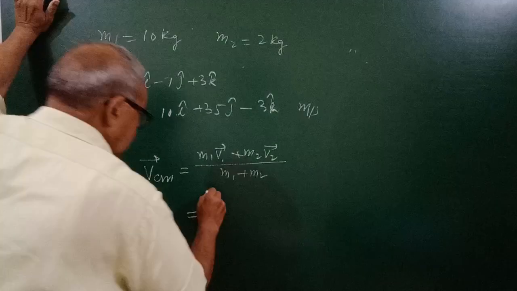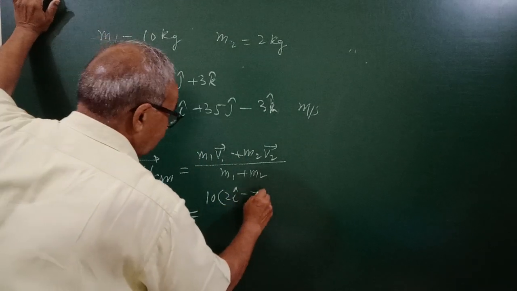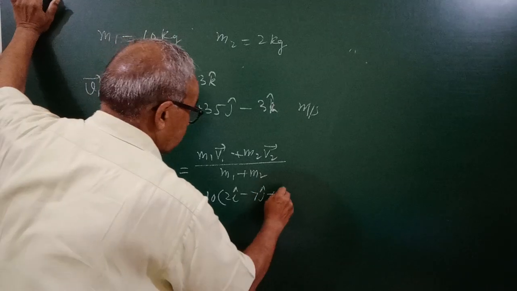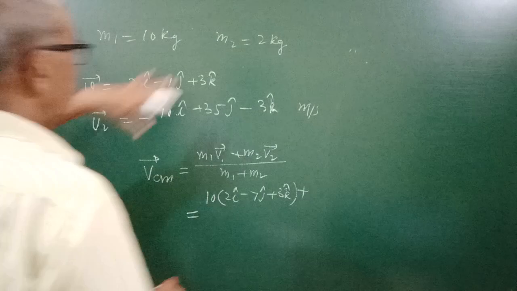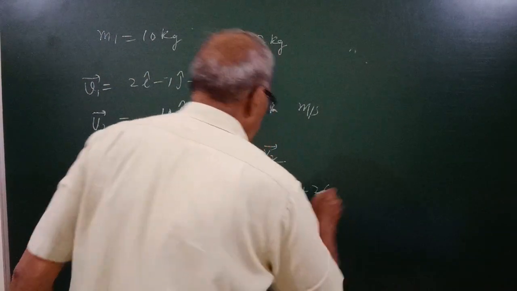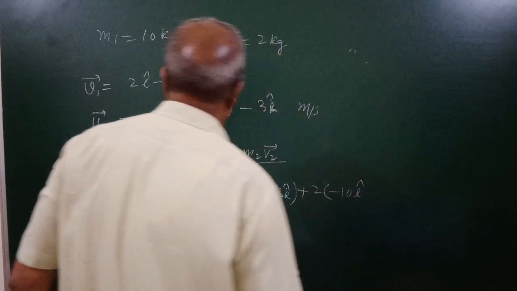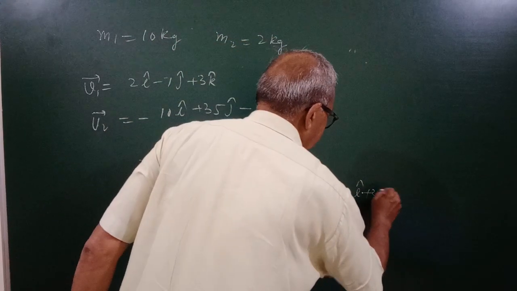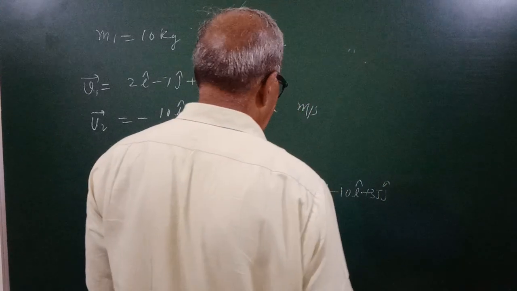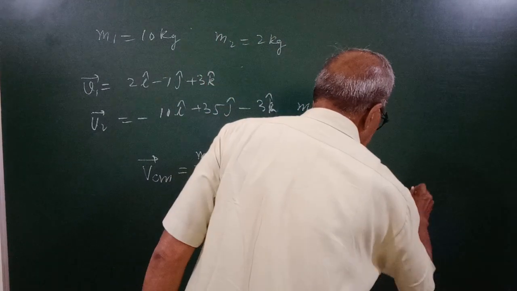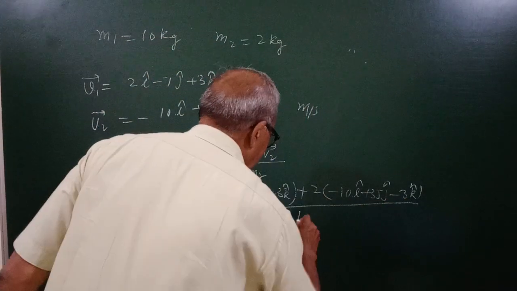M1 is 10, V1 is 2i cap minus 7j cap plus 3k cap, plus M2, 2, into minus 10i cap plus 35j cap minus 3k cap, upon M1 plus M2, 10 plus 2.